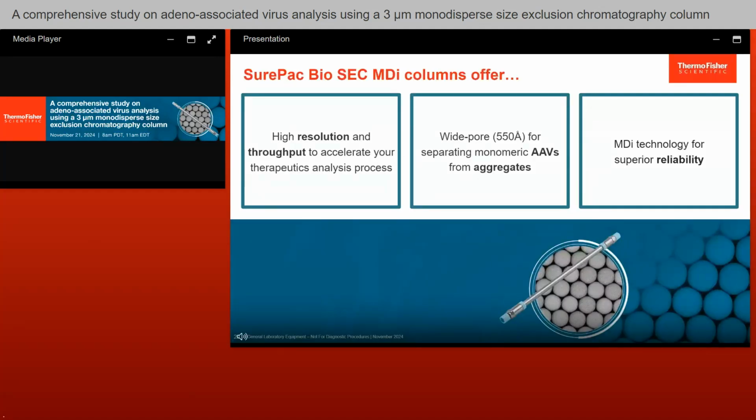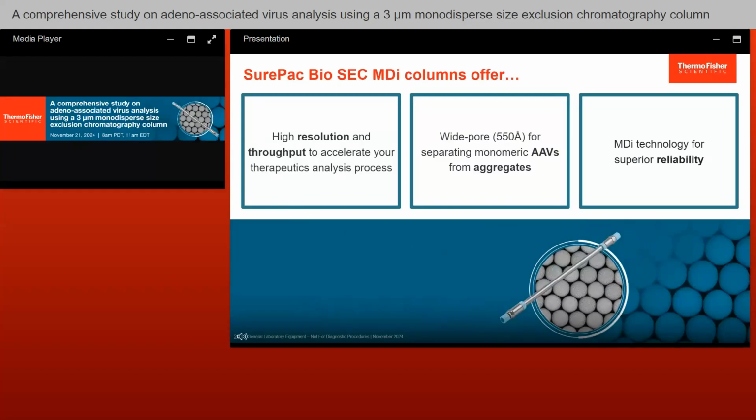Overall, in summary, SurePack Bio SEC MDI columns offer higher resolution and high throughput to accelerate your therapeutic analysis process. The wider pore of 550 angstrom is a perfect candidate for separating monomeric AAVs from the aggregates.